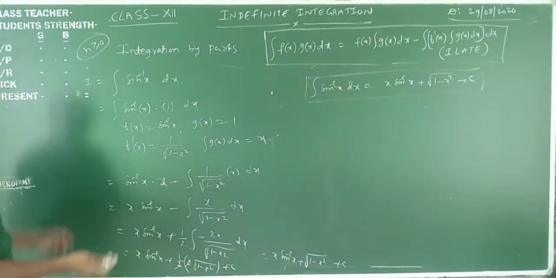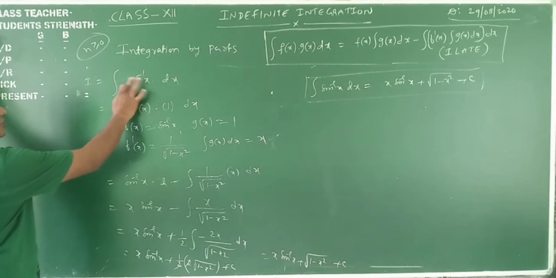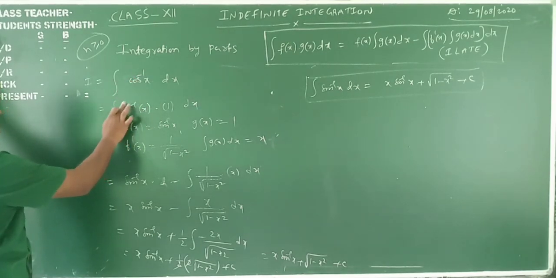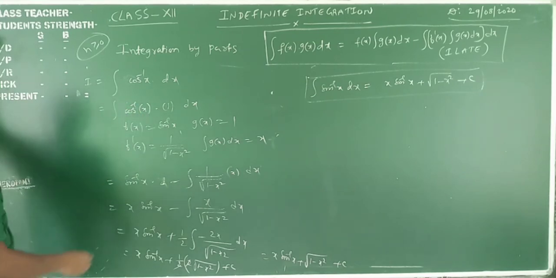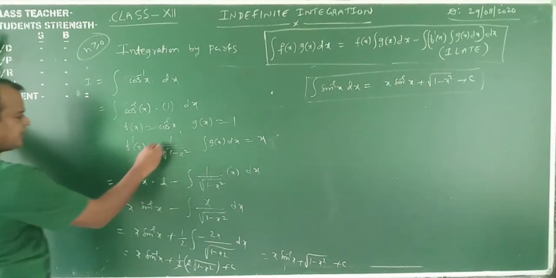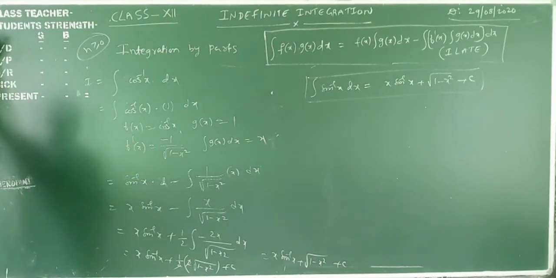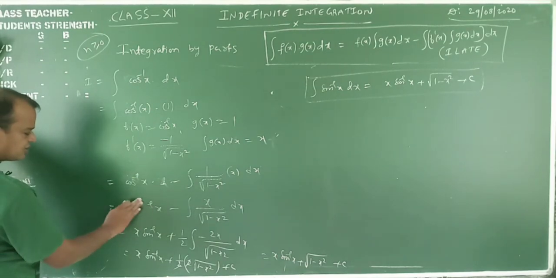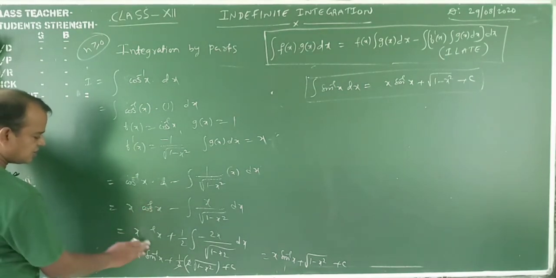What happens for cos inverse of x? Listen. Now f of x is cos inverse of x, and its derivative is minus 1 by root over 1 minus x square. The remaining process is the same, just instead of sin inverse you write cos inverse of x.